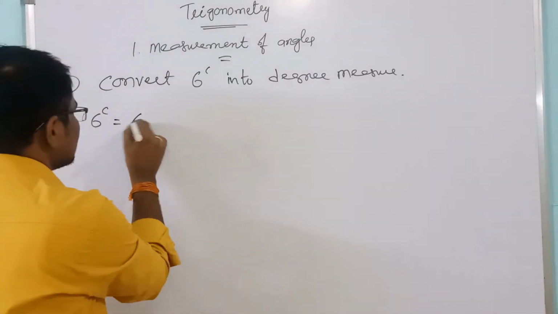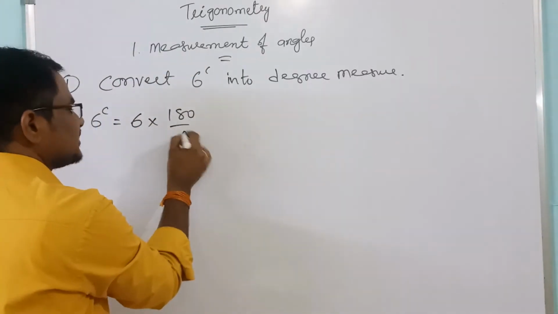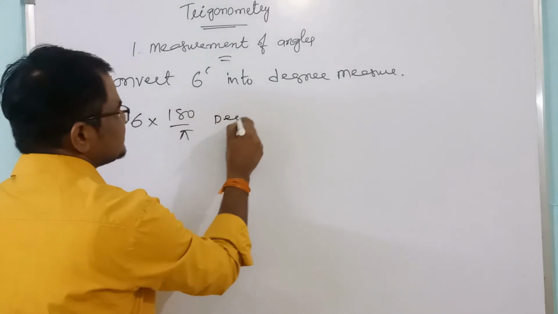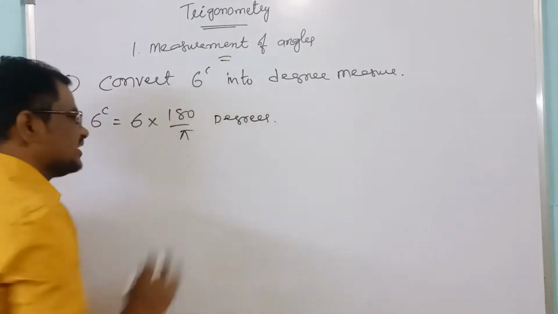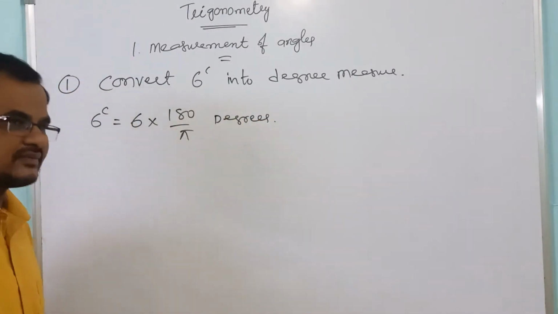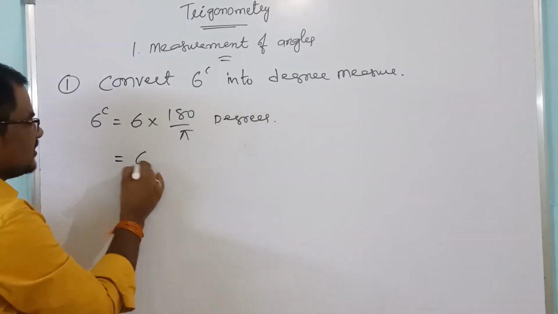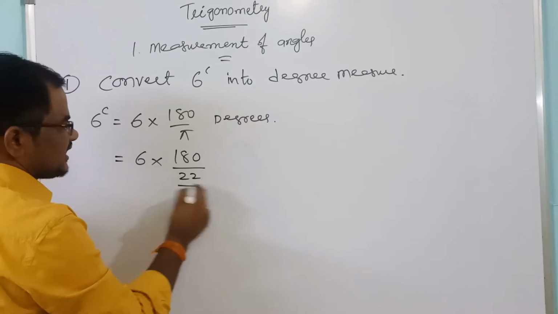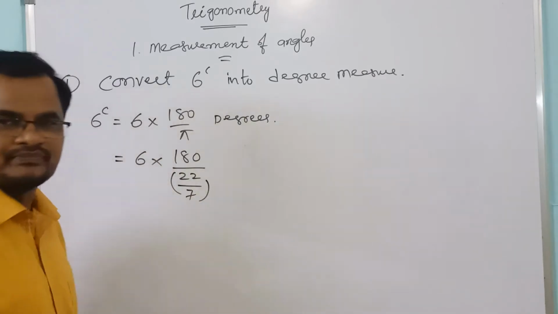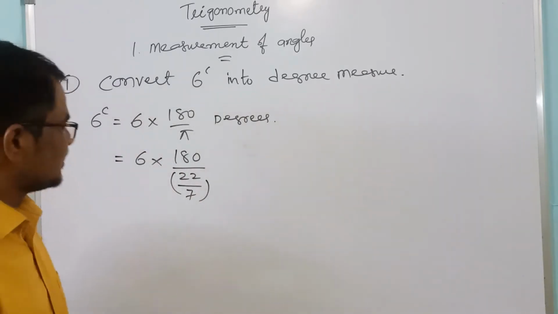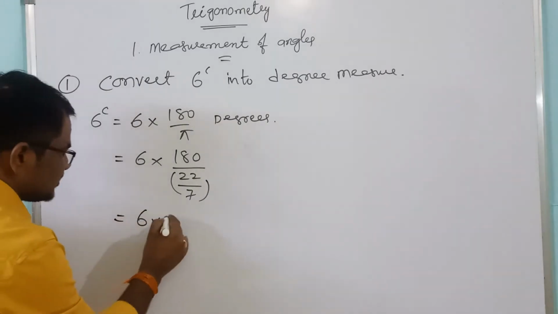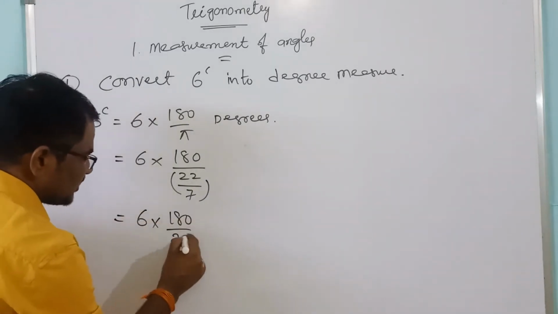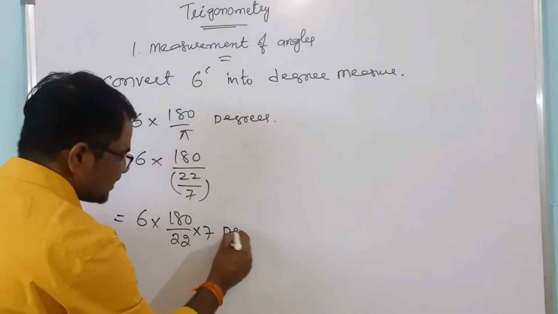By multiplying by 180 by pi, right? So if you multiply by 180 by pi, this becomes degrees. Now if you simplify, pi I will write as 22 by 7, right? Now that is equal to 6 into 180 by 22 into 7 degrees.